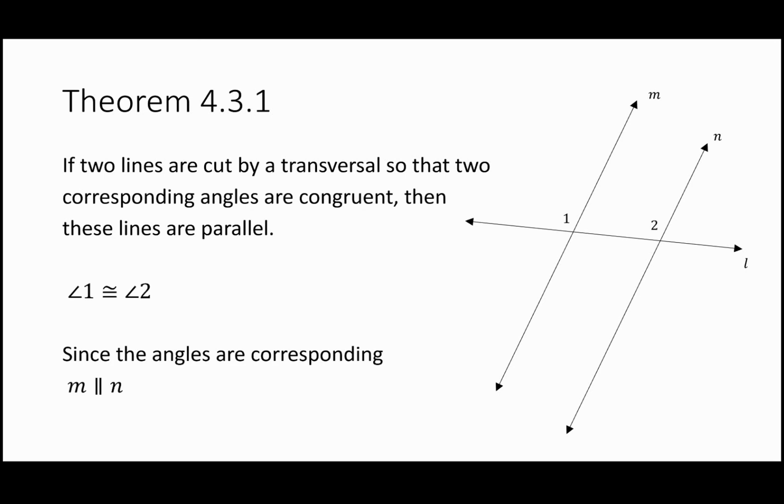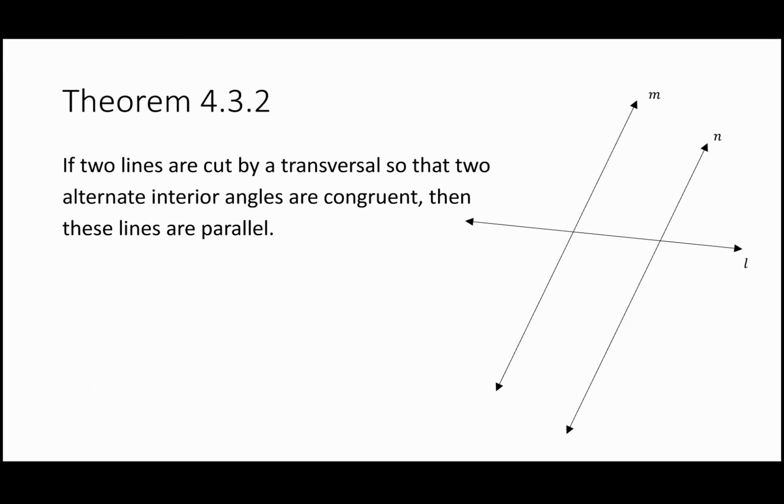We saw in the very first theorem that if you've got two lines cut by a transversal such that the corresponding angles are congruent, then you can claim that the lines are parallel. So the congruency of the corresponding angles needs to be established first, and then parallelness can be established. It's in that order with these theorems, whereas we had the opposite order happening with the theorems that have similar wording in section 4.1, just to be clear.